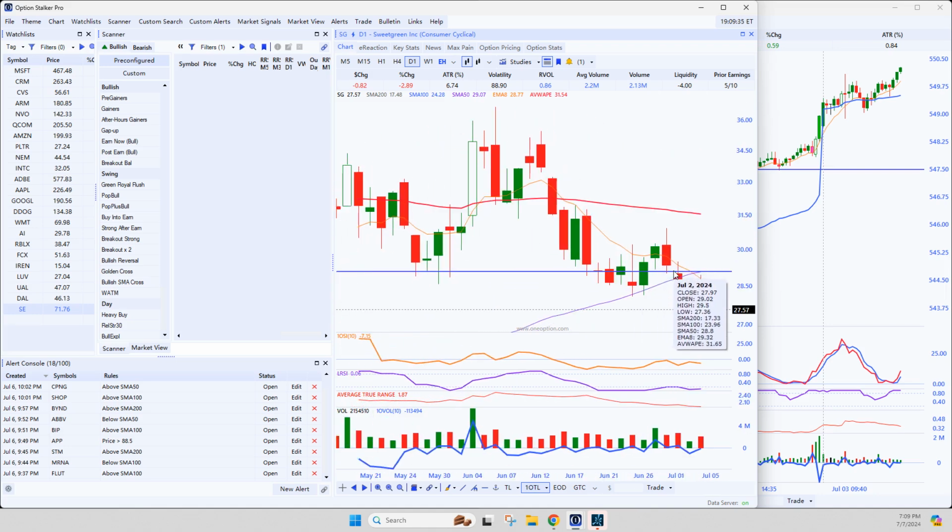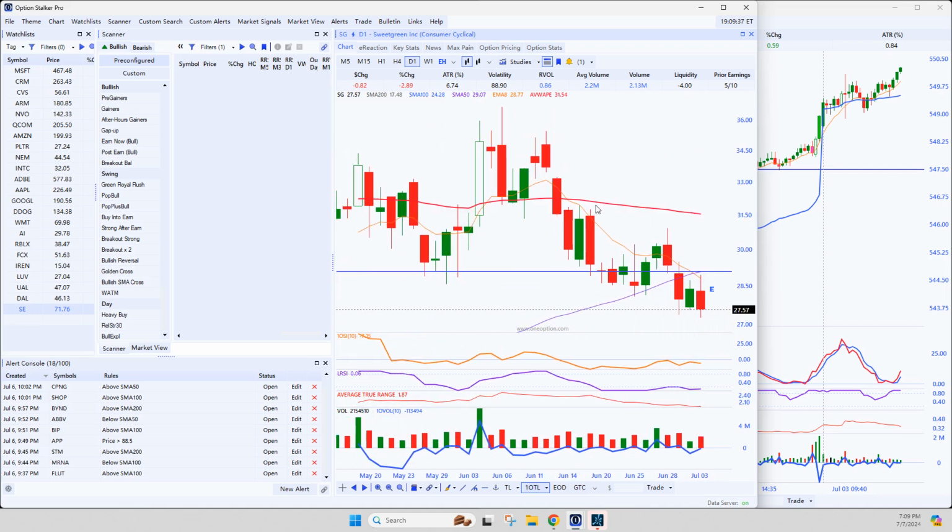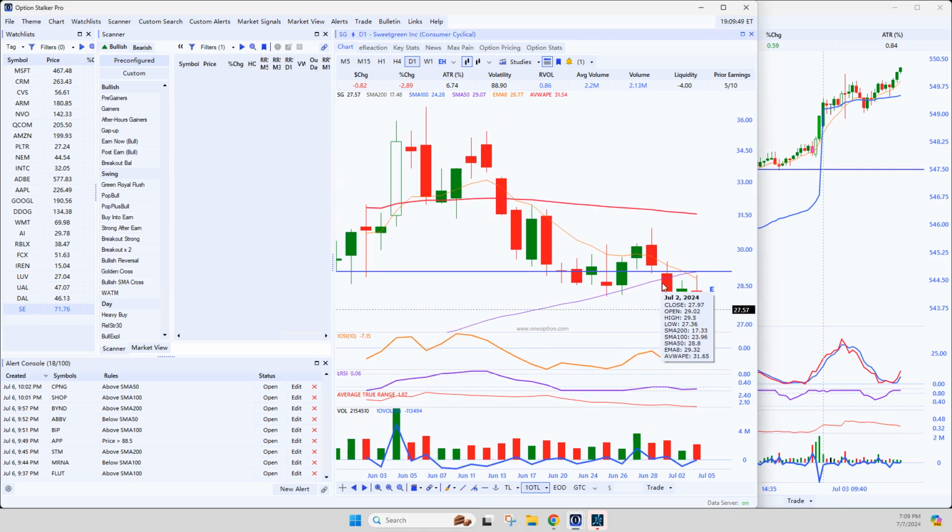So, Sweetgreen. I liked this downtrend and this breach of the 50 SMA. And I like the breach on July 2nd. It came with decent volume.